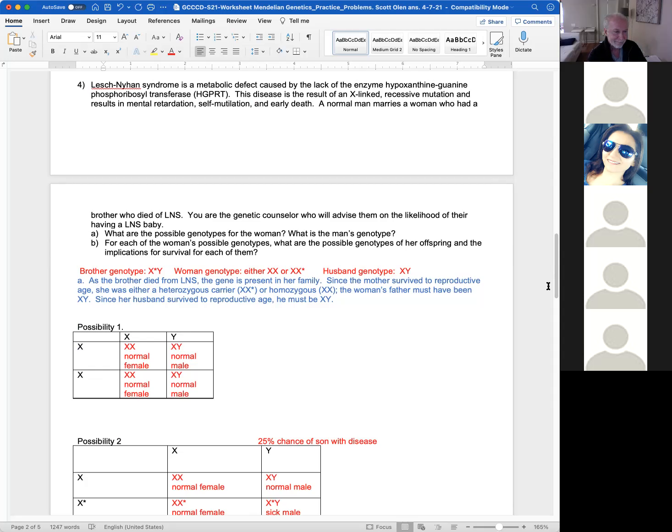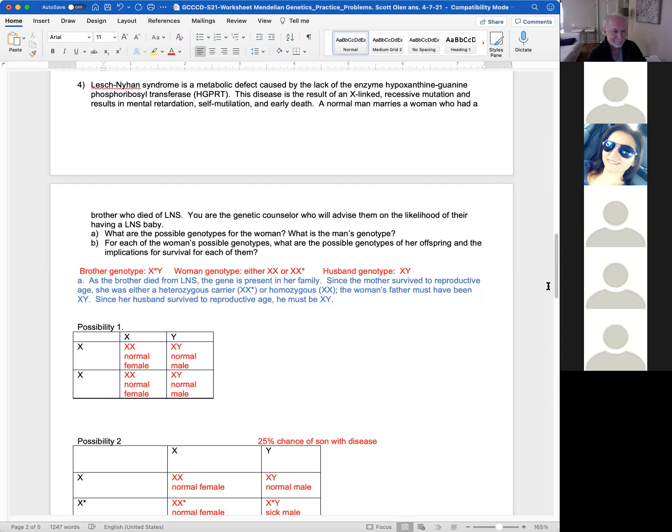So let's look at our questions. What are the possible genotypes for the woman? And then what are the possible genotypes for the man? So we have to do a little digging around. This kind of question is a puzzle question. What are the possible genotypes for the woman? Well, we know the disease is X-linked.